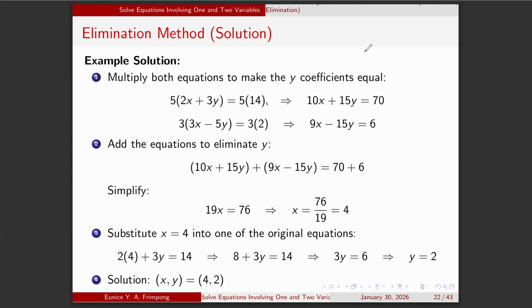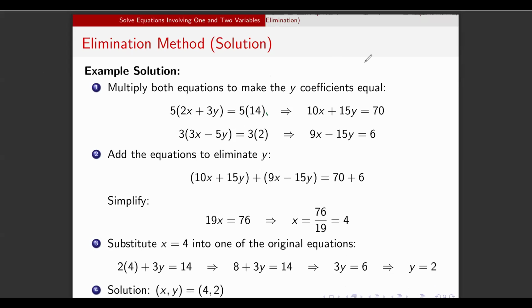These are the equations. 2x plus 3y equals 14 is equation 1. Then I have 3x minus 5y equals 2, which is equation 2. So let's look at the method of elimination.